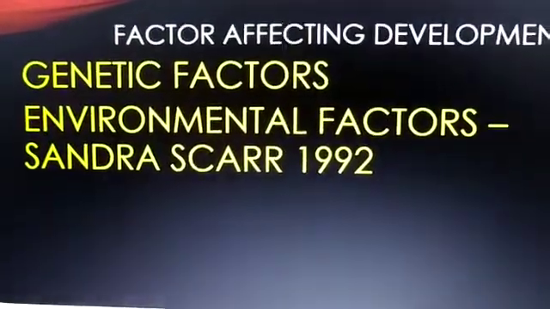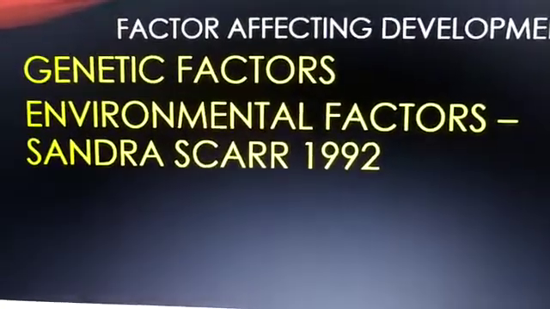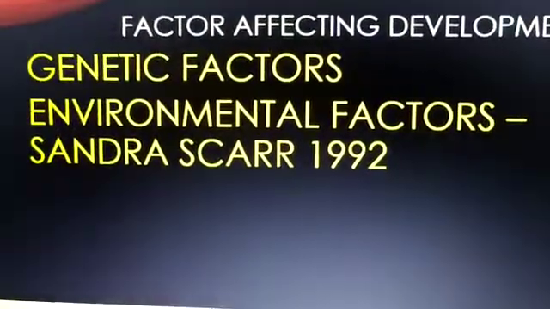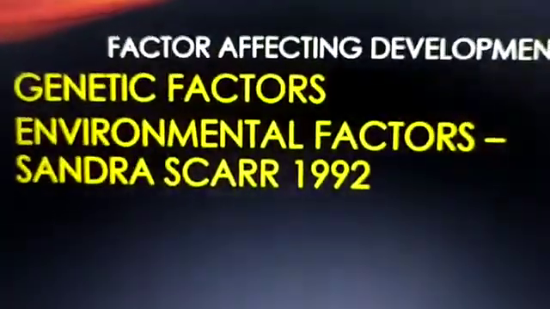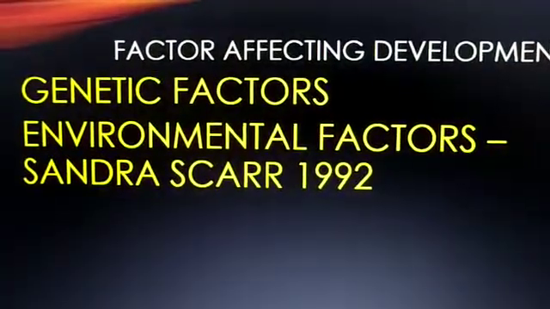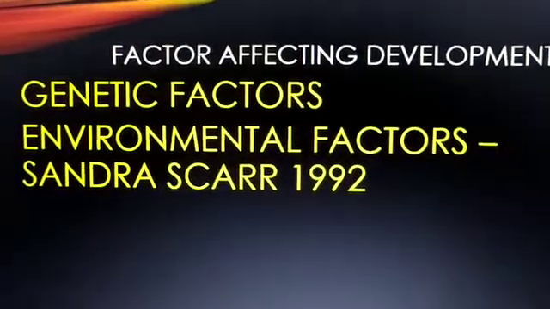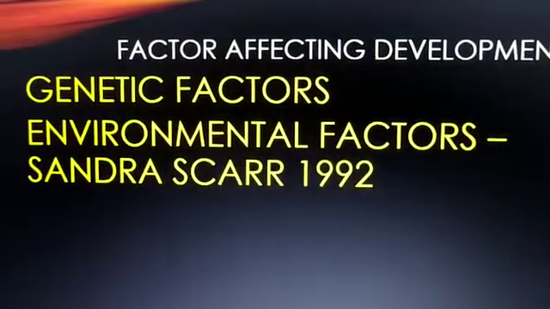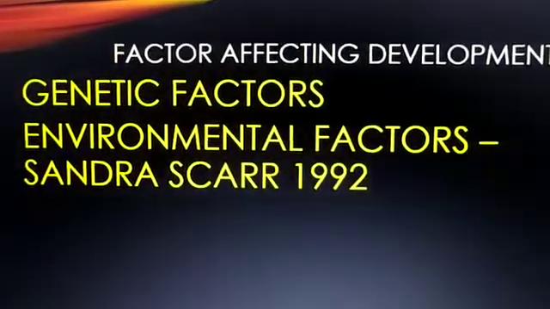So children, genetic transmission is very complex. Most characteristics that we observe in humans are the combination of a large number of genes. We cannot say only one particular gene is responsible for an individual's development, but all the genes are responsible for the change in an individual.